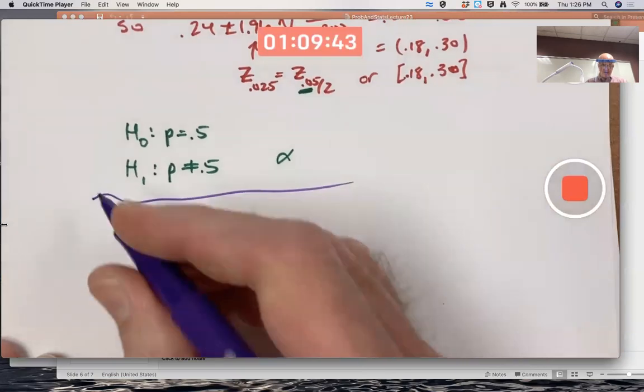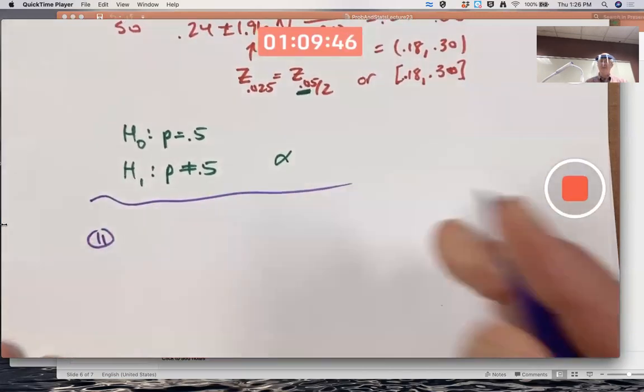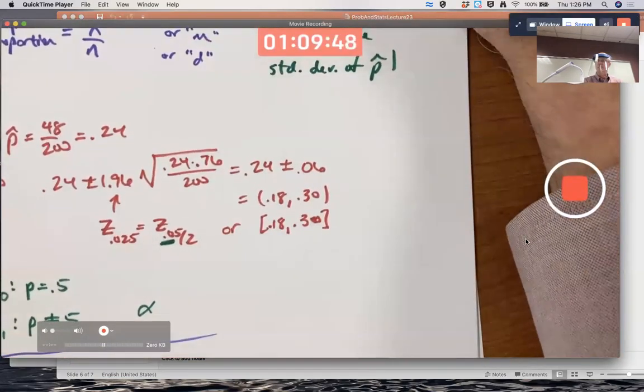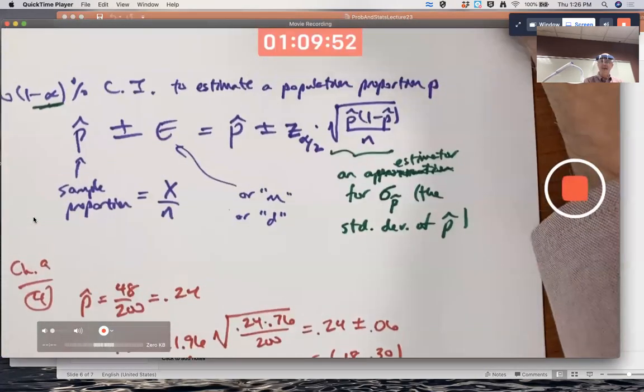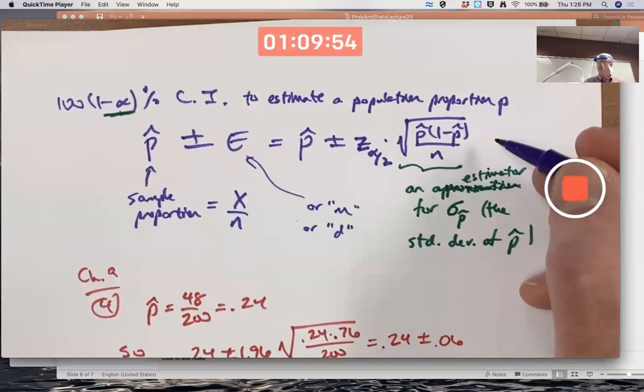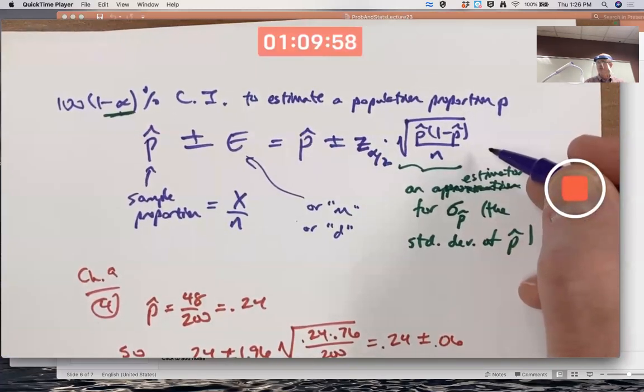By the way, there are different formulas for confidence intervals besides the ones I'm teaching you. In this context, there are actually other formulas that give you different intervals, and some statisticians think they're better.